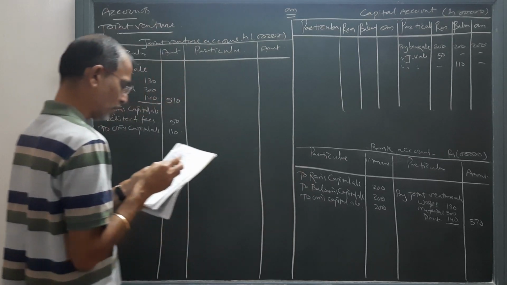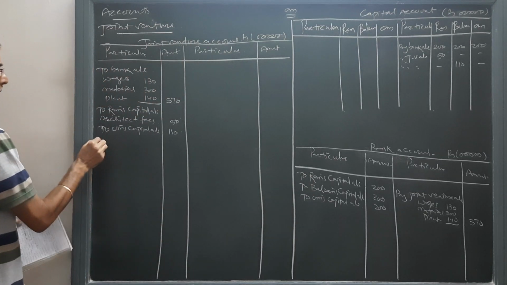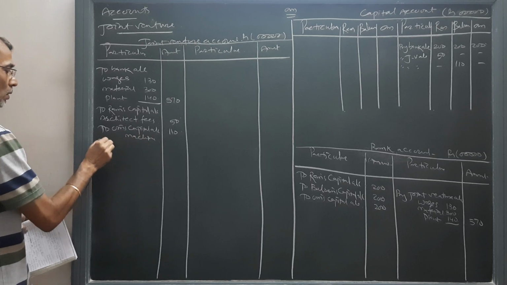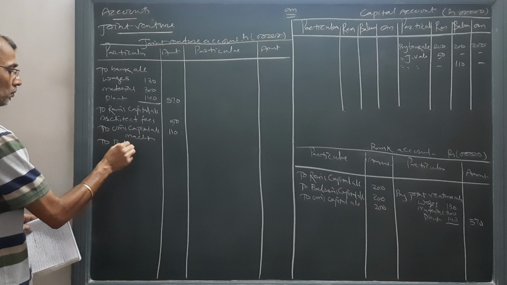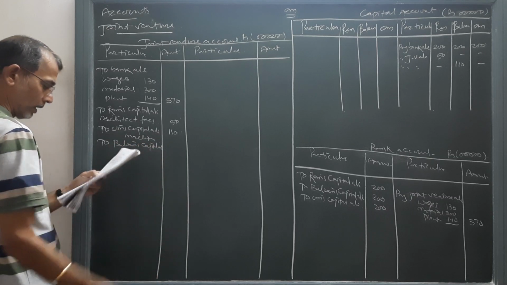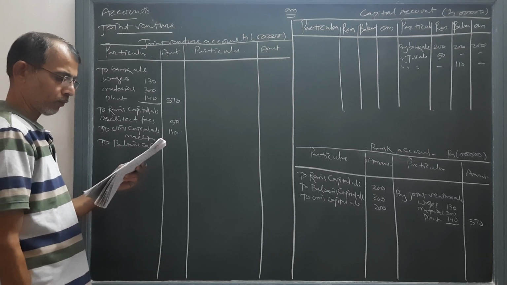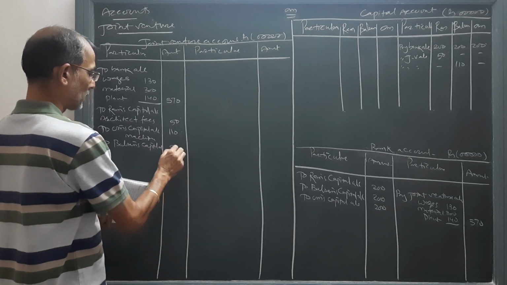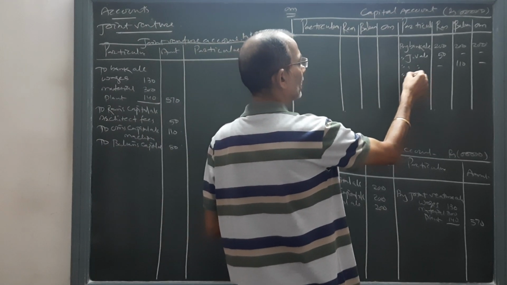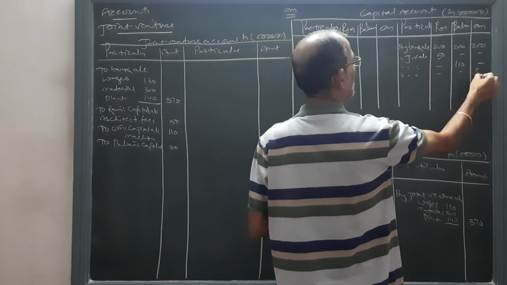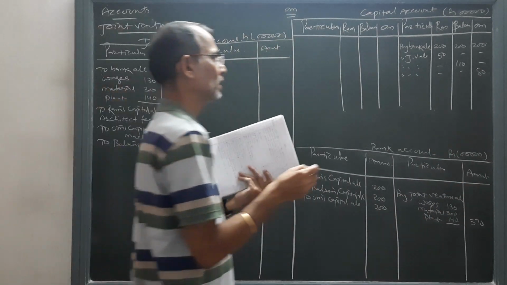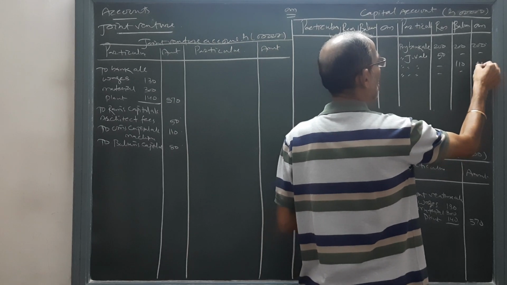Then vehicles brought by Balram, to Balram's capital account, vehicles of 80 lakh, that means 80. Here also on the credit side of the capital account I will write 80 in Balram's account.